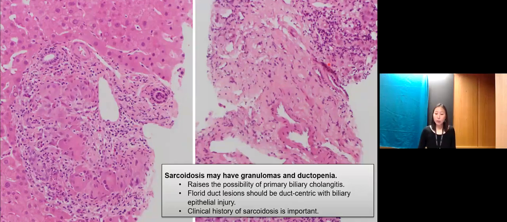So it can be somewhat challenging, if we just had the liver biopsy, to know that this was sarcoidosis, even though that granuloma on the left-hand side does look somewhat sarcoid-like. But having that clinical history of an established history of sarcoidosis certainly helps us feel more comfortable about attributing duct loss to that systemic process.